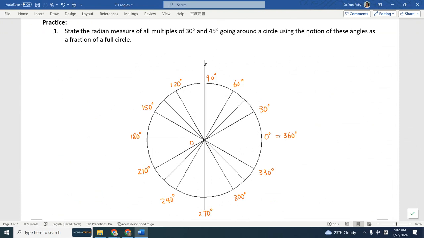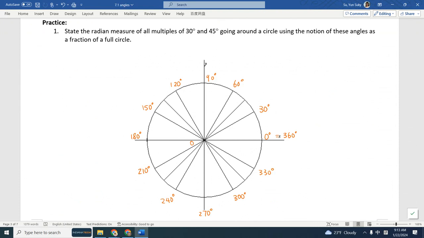360 is one full rotation, right, everybody? And we know 0 degree and 360 degree are coterminal. Coterminal means they have the same terminal side. So we got all the multiples of 30 degree.